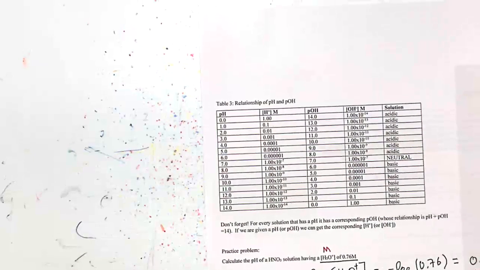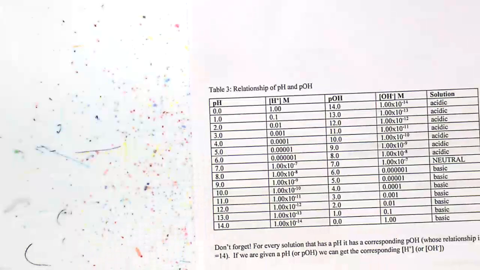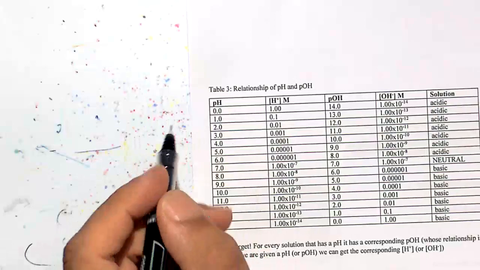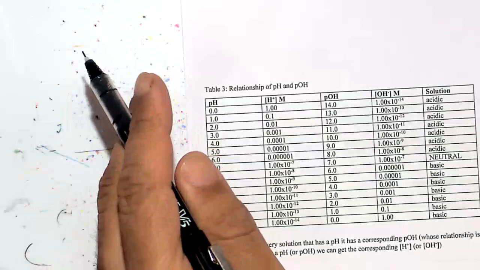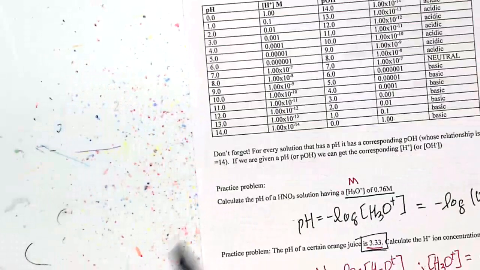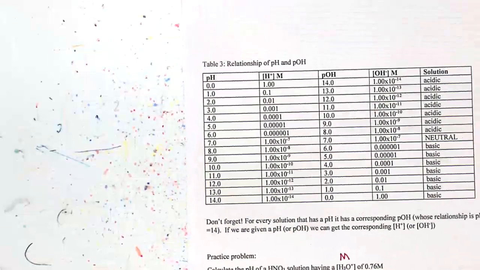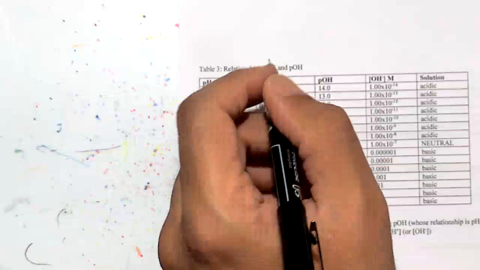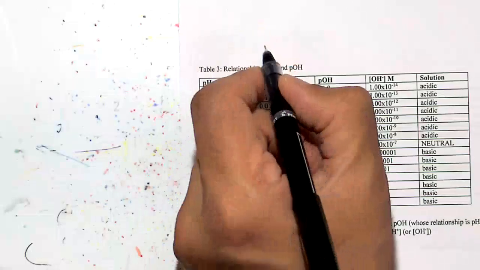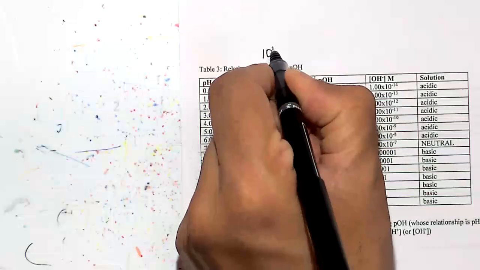Alright, let's look at this table here, okay? So generally speaking, pHs go from 0 to 14, though if you're super acidic, it can be negative. If you're super basic, it could be above 14. But generally it's a scale that goes from 0 to 14. So remember, how do we back calculate to get the concentration?